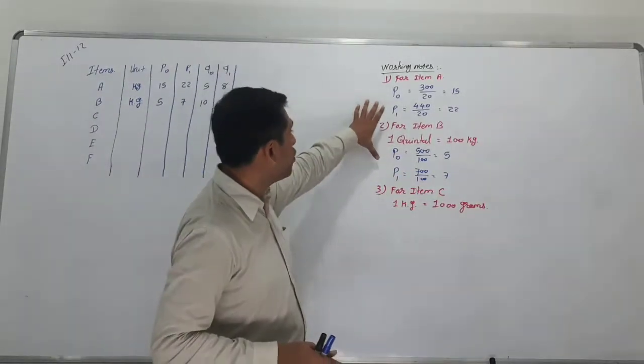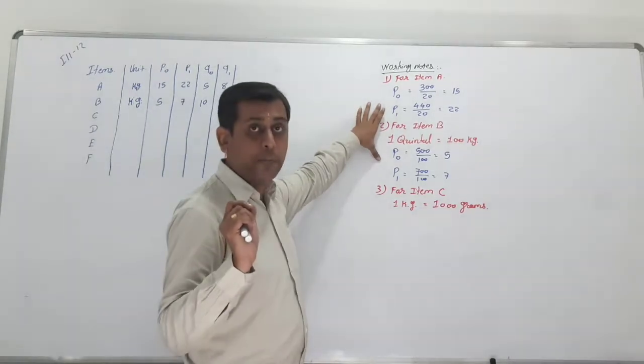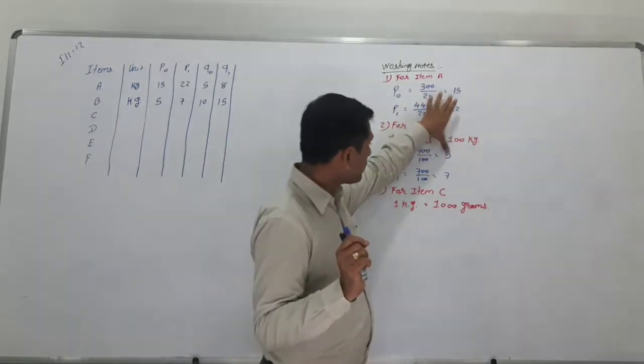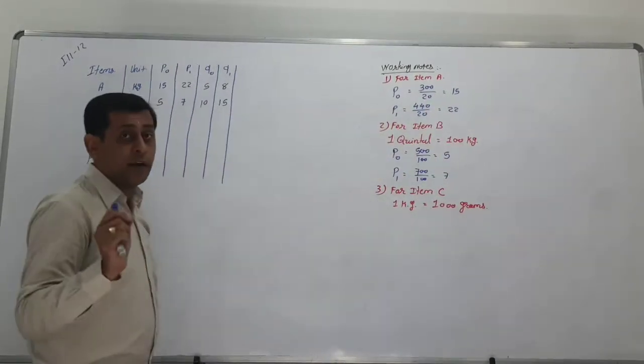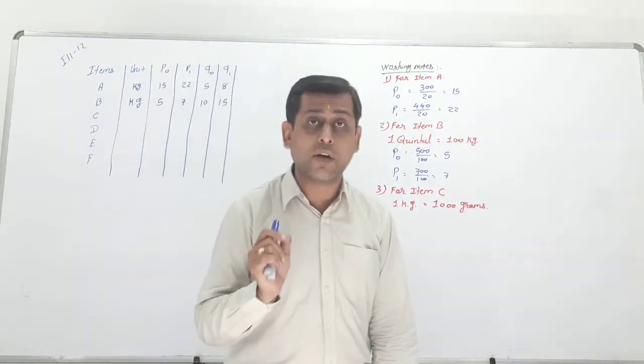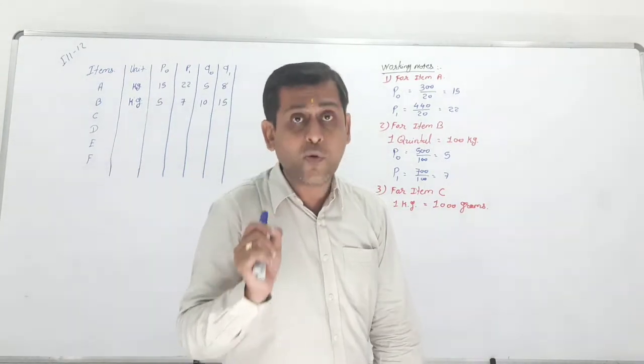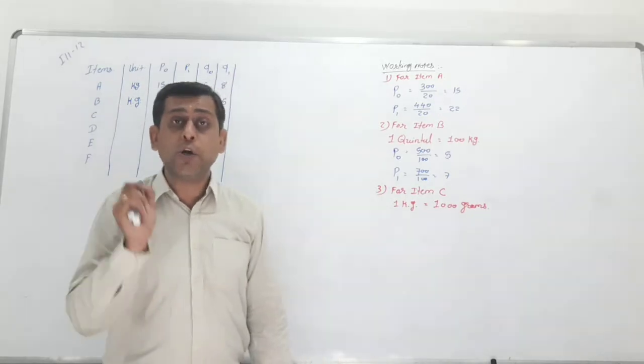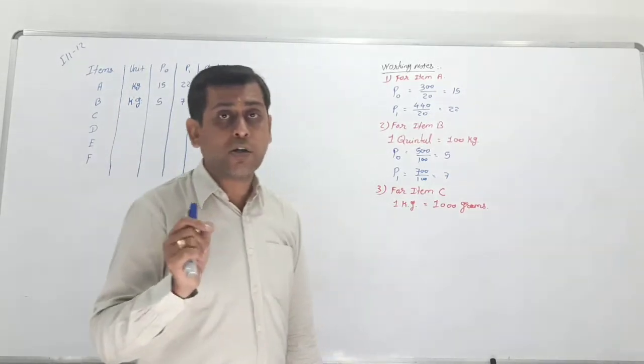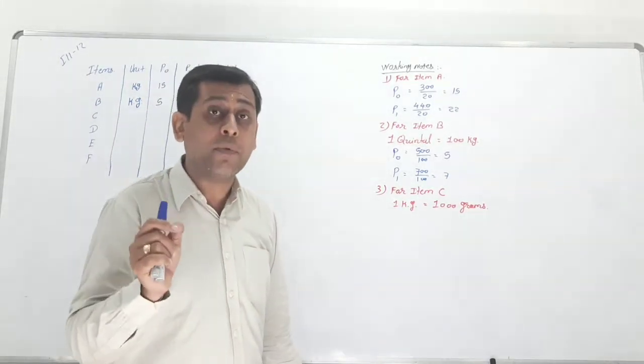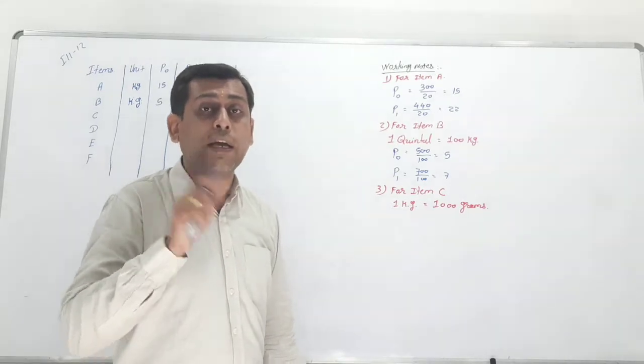Here in these two we are converting the price, right? So this is our new price. But in the case of item C, we have to convert the quantity, not the price, because we are converting the 1200 gram into 1.2 kg.